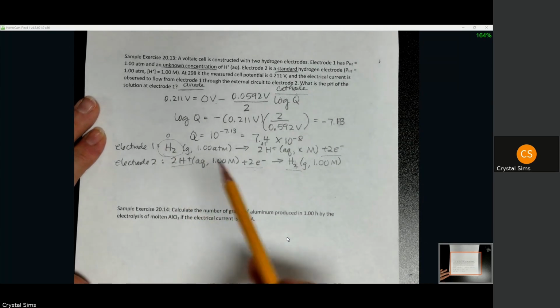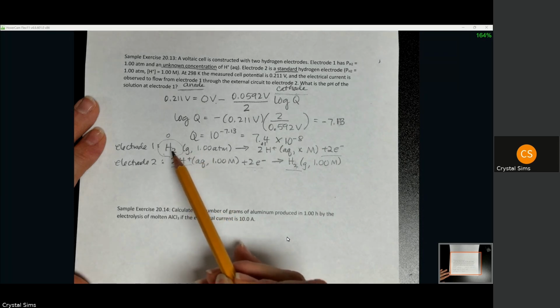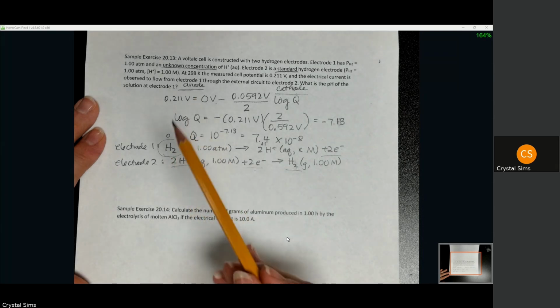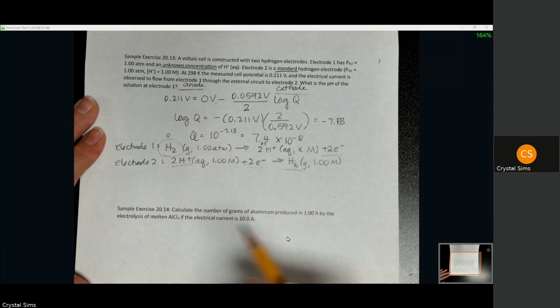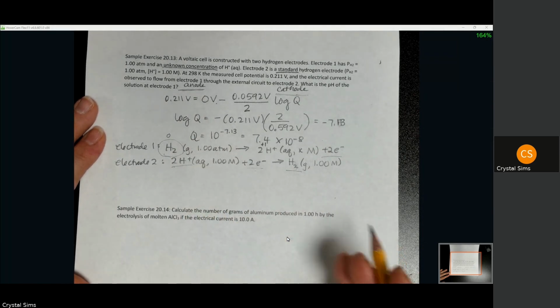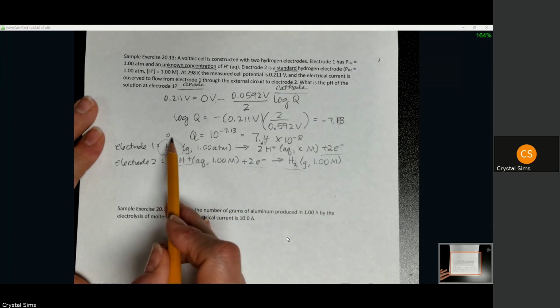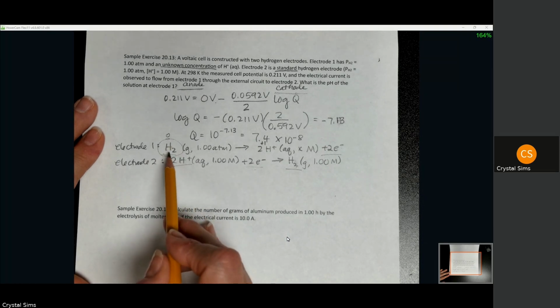Well, I knew that because I knew that electrode 1, being the anode, had to lose electrons. It was oxidized, which means it had to lose electrons. And the only way for it to lose electrons was to start in a form that had 0 here. So it had to start in its gaseous form.